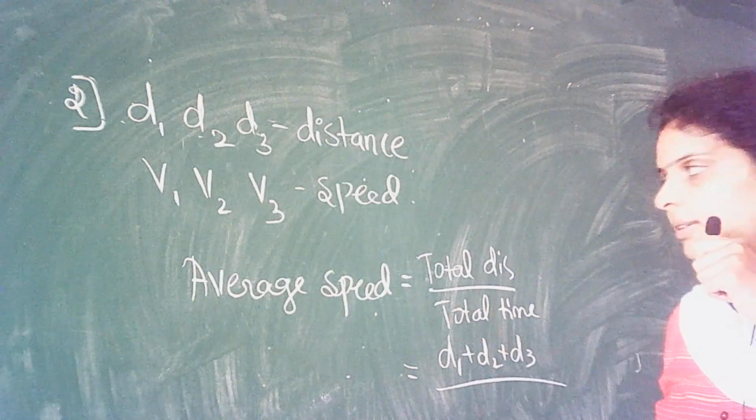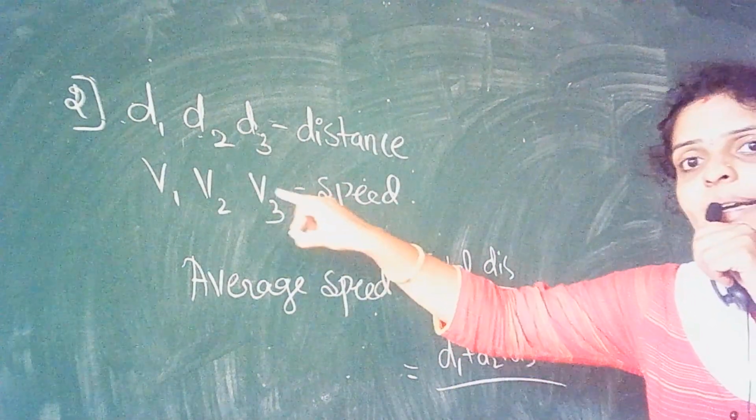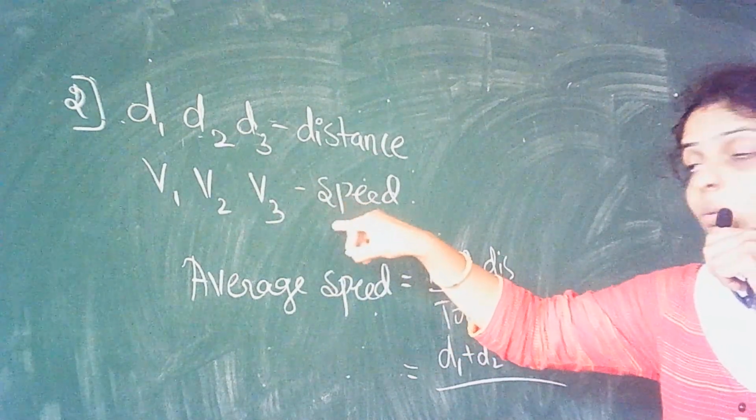For the total time taken, they have not given t1, t2, t3. They have given you speeds v1, v2, v3. So what will you do here?